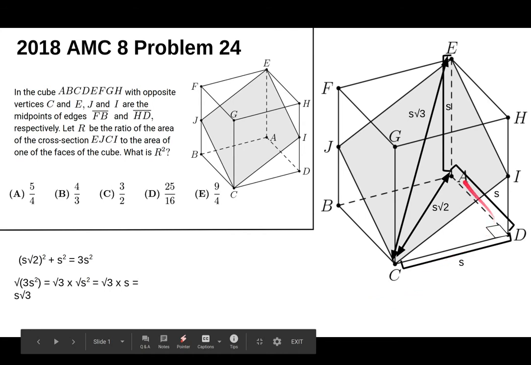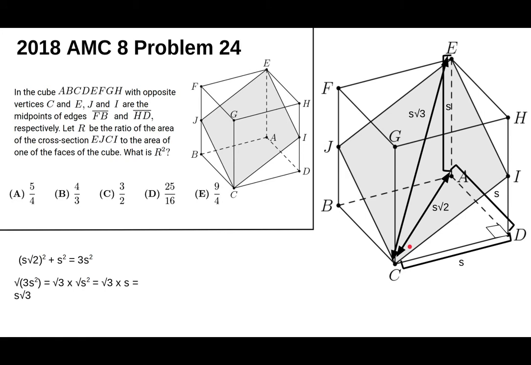Let's clear out some of the other things because we don't need that anymore. Now we found that the diagonal is S root 3.